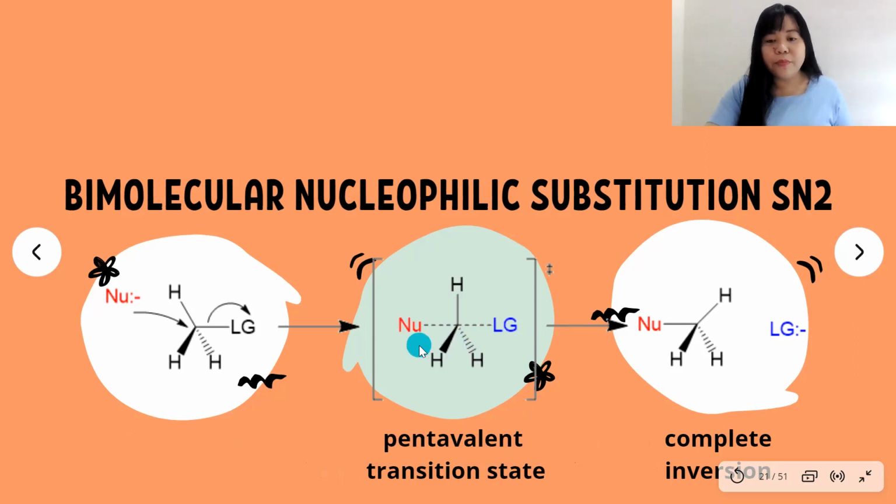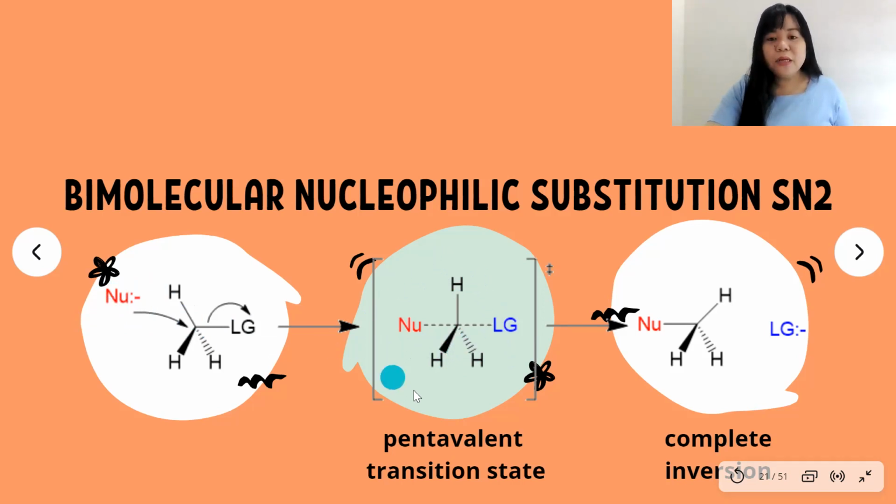Notice also the bond that is partially broken with the leaving group and partially formed with the nucleophile, being represented by dotted lines here. And because of this process, the only possible orientation that the nucleophile can take in order to attack the substrate would be opposite the leaving group.